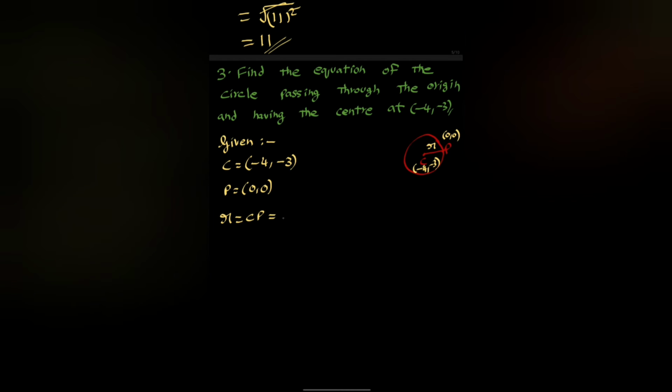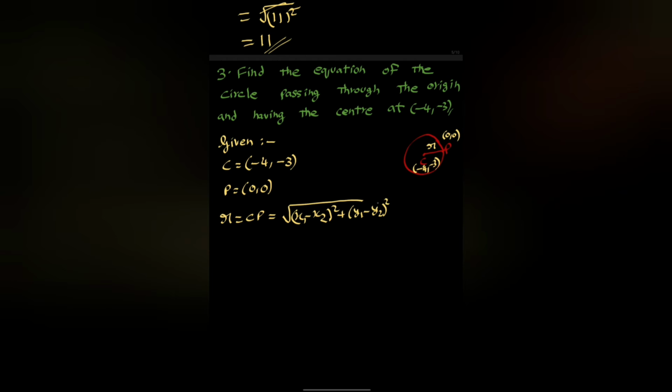So by using distance formula, root over x1 minus x2 whole square plus y1 minus y2 whole square. So let C point be x1 comma y1 and P be x2 comma y2.